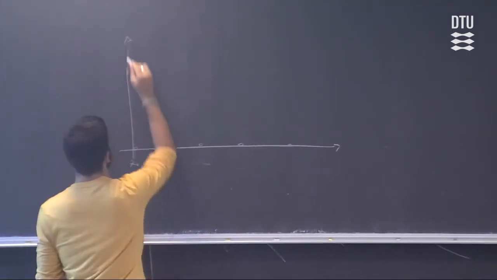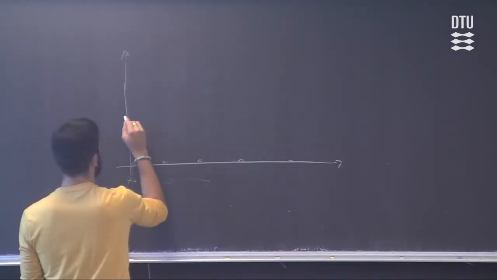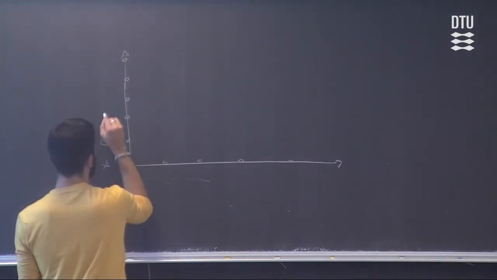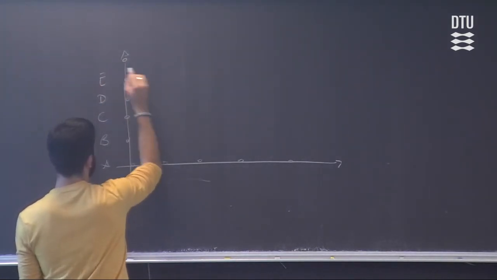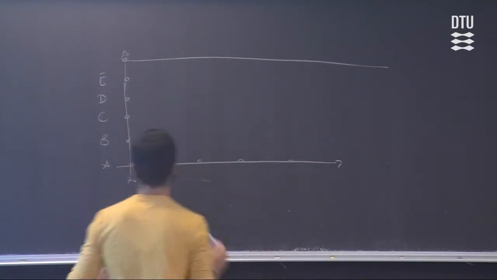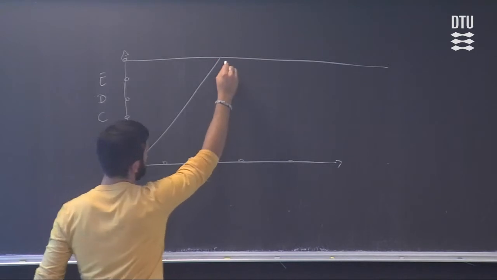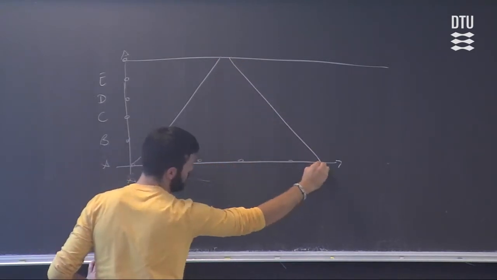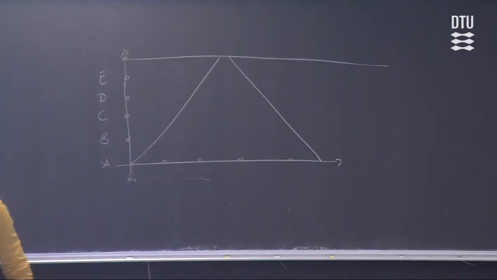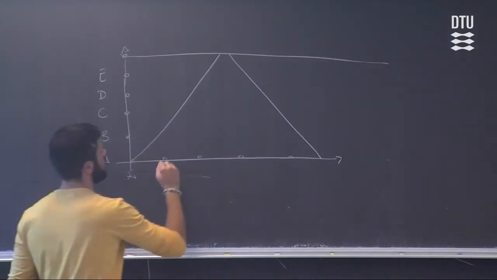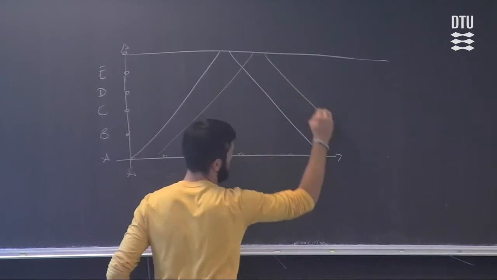Yeah, let's make it here. The first train is starting, and it comes here, and then goes back here. Then we need some colors here. Then the second train makes the same trip.